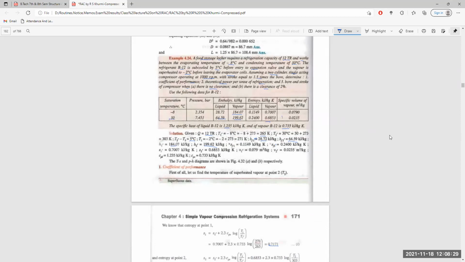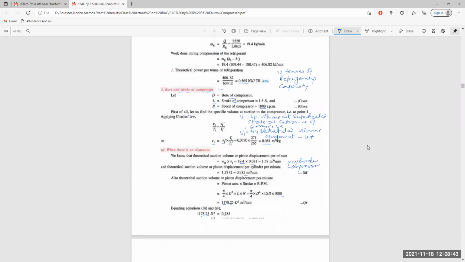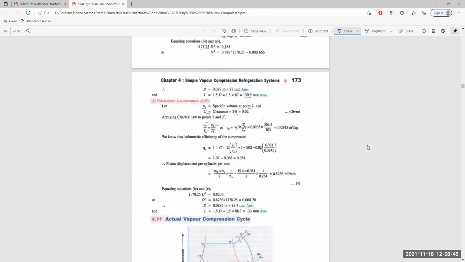This is equal to V2 dash, and this is equal to V1 dash itself. As V2 dash is given, V2, or the specific volume at the outlet of the condenser, can be calculated easily. That is equal to 0.235 times 265.34, which is equal to 2.024 cubic meter per second.